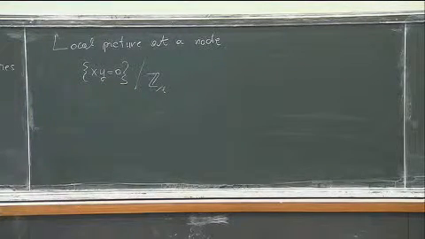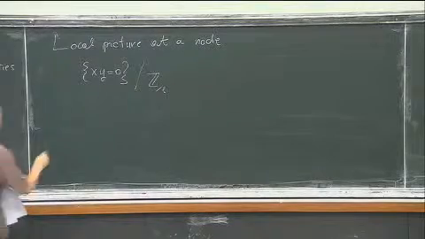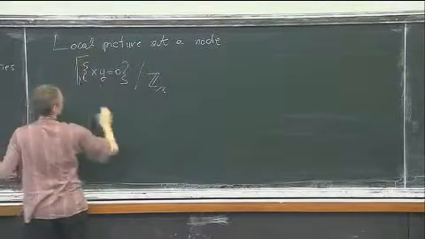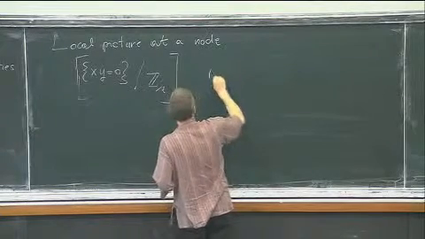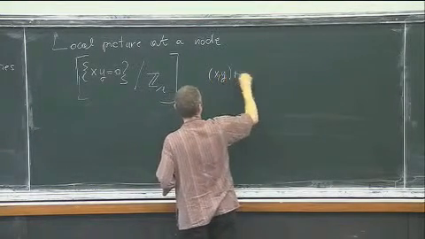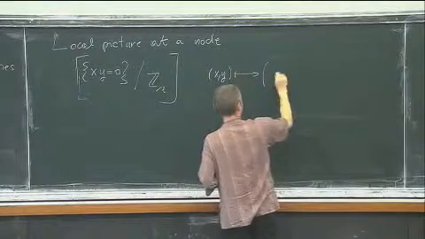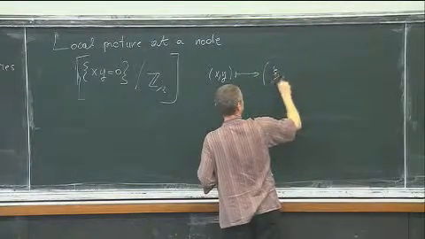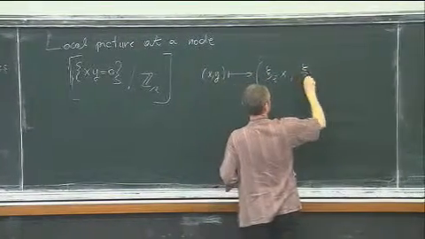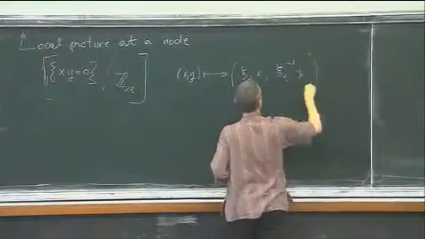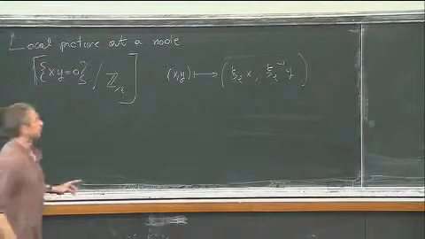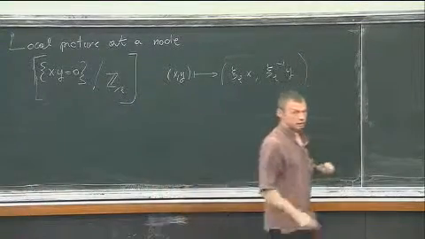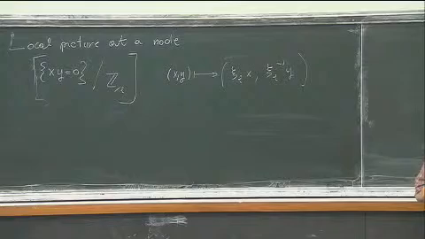So here I have a little chart which is a quotient stack. And the action is as follows. Take the pair xy. It goes to... we didn't really see that yesterday. We only had minus x and minus y. But in general, that's the structure that you have to put on a node.